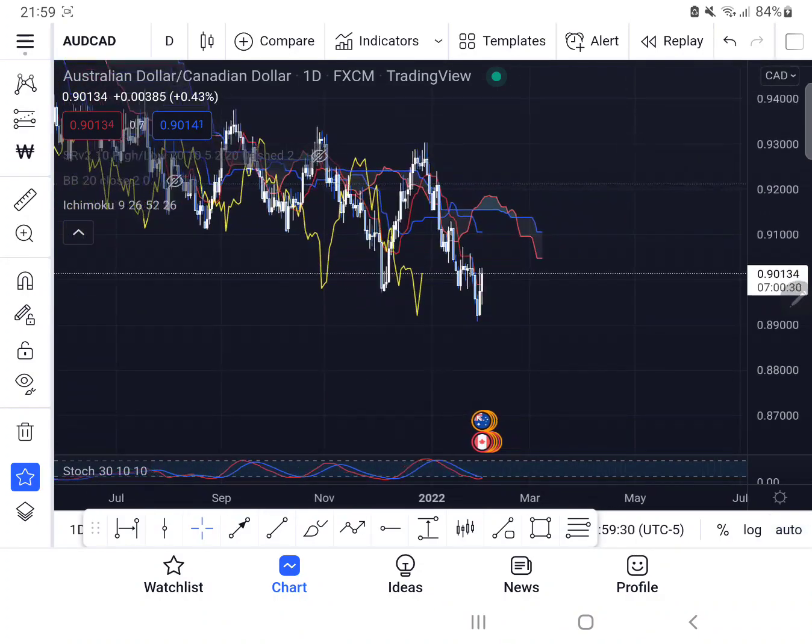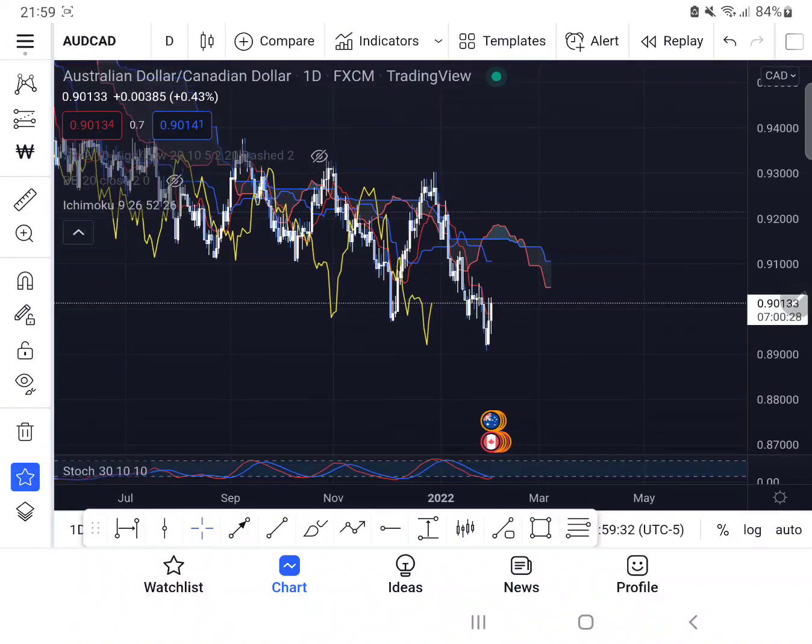And the price, no doubt, is again in between, the Kijun-sen is fresh and the Lagging span is fresh also. The price is in between here. So for now it's just like a retracement on the daily time frame.